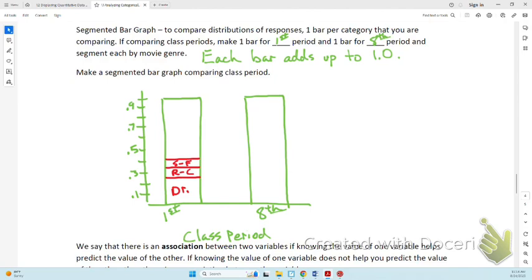I'm going to add a quarter. So I was at 0.41. It's actually probably more like 0.42. Plus 0.25 gives us 0.67. And that is horror. Add another 0.25.